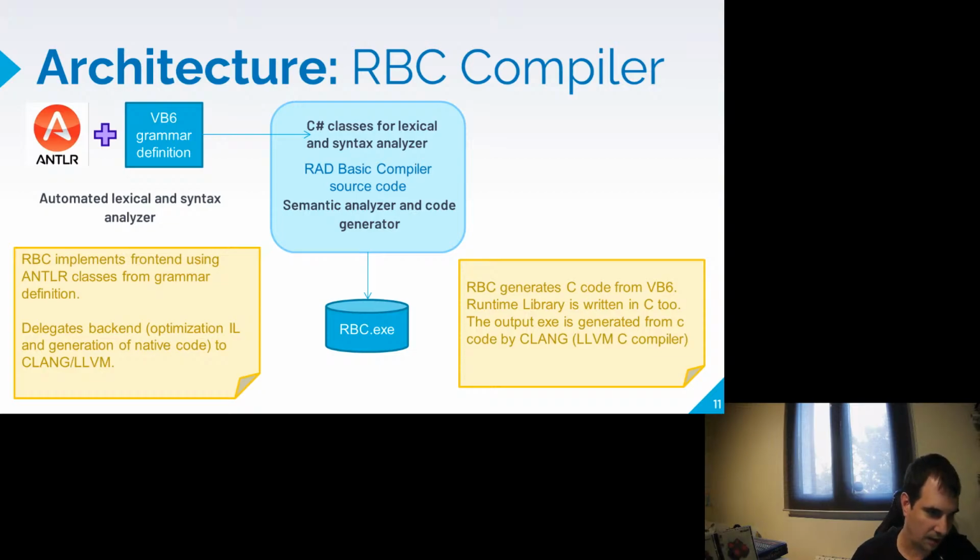So the RAD Basic Compiler implements the front-end part using ANTLR and delegates backend optimization and generation of native code to Clang, that is the C compiler of LLVM. LLVM is an open source project for making compilers.